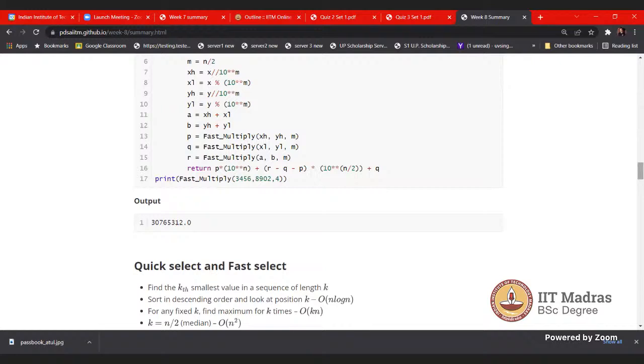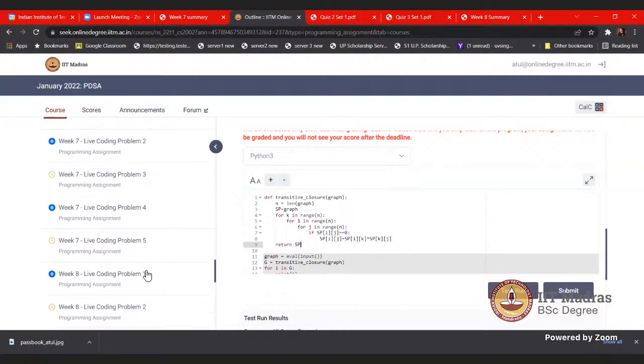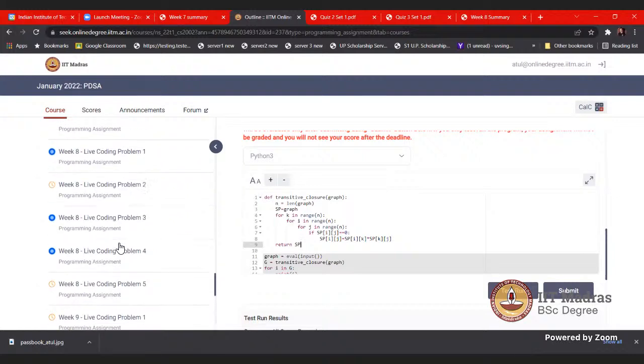Sir, week 8 graded assignment, question number 4 and 5, if you can explain the details. I didn't understand week 8, question number 2 also.